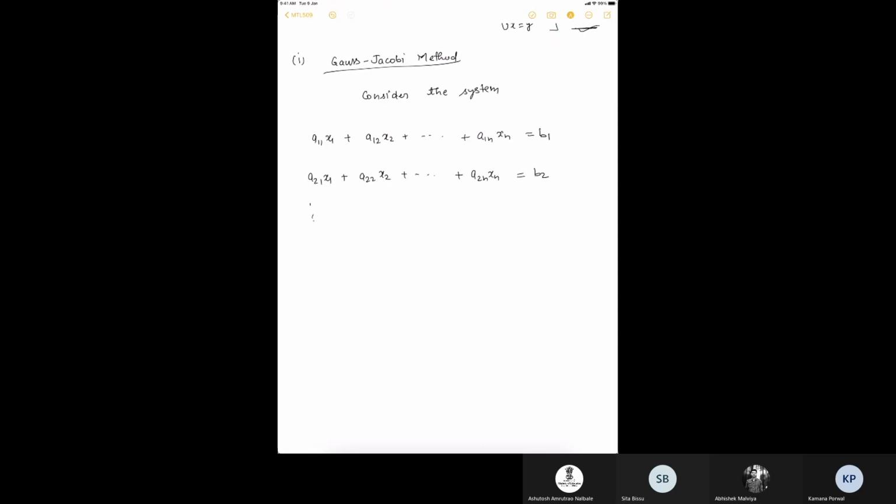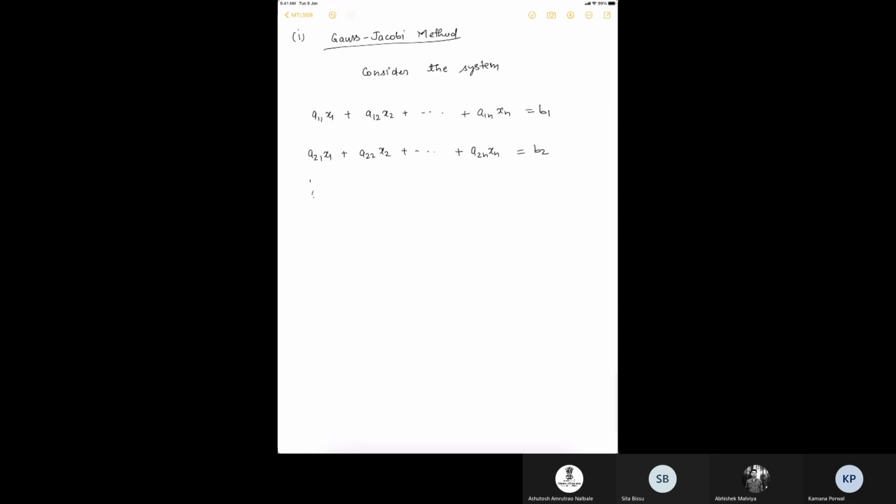The second equation is a21 x1 plus a22 x2 up to a2n xn equals b2. Likewise, the last equation is going to be an1 x1 plus an2 x2, and the last term is going to be ann xn, equals bn. Let's call it 1.